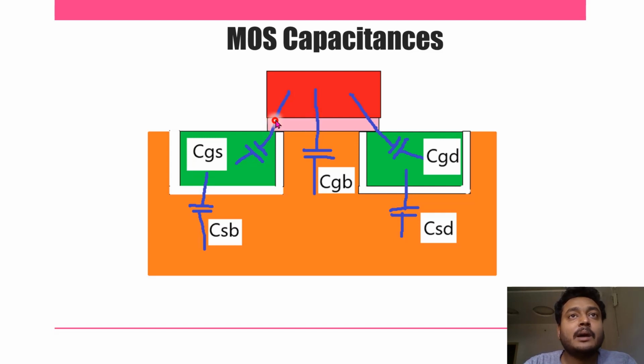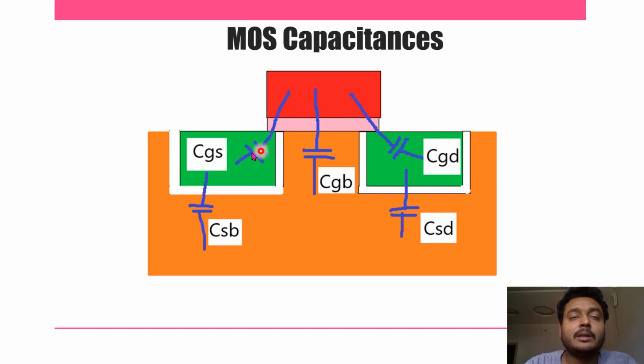Again this constitutes a capacitance similar to a parallel plate capacitance. This is a conductor, this is a dielectric material, and here is another conducting material. So from this polysilicon to this diffusion region, if you consider this the source, a capacitance exists between polysilicon, that is the gate terminal, and the source terminal.